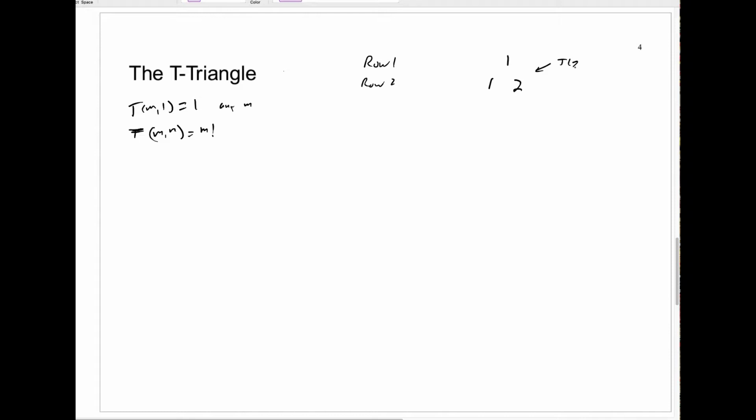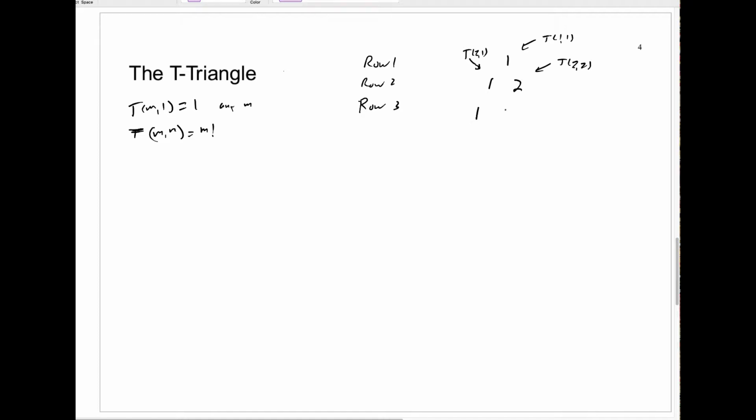So this is T22. This is going to be T21. This one here was T11. The next row will be T31, T32, and T33. T31 is just 1. I won't write that's T31, but that's what we mean.